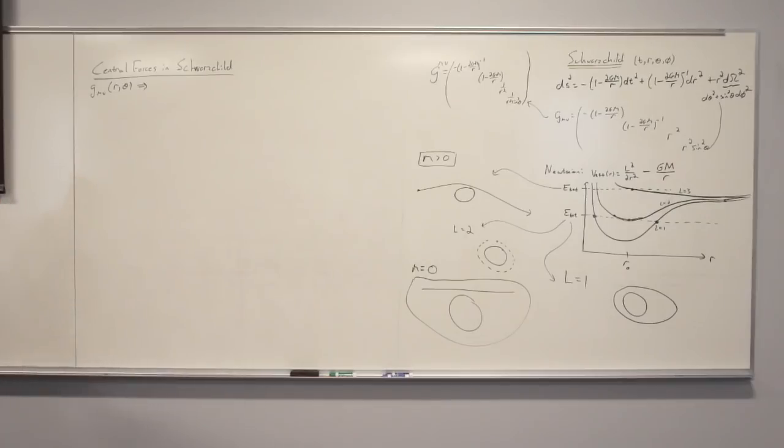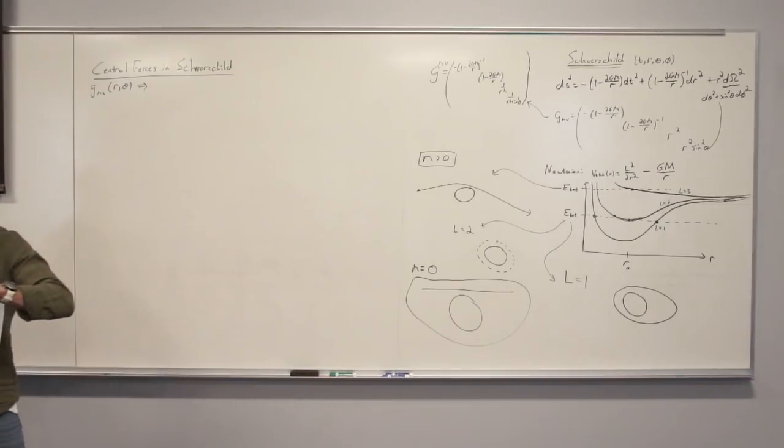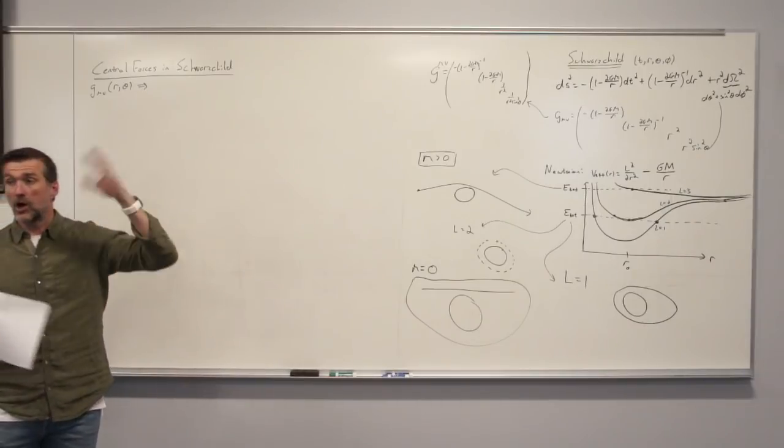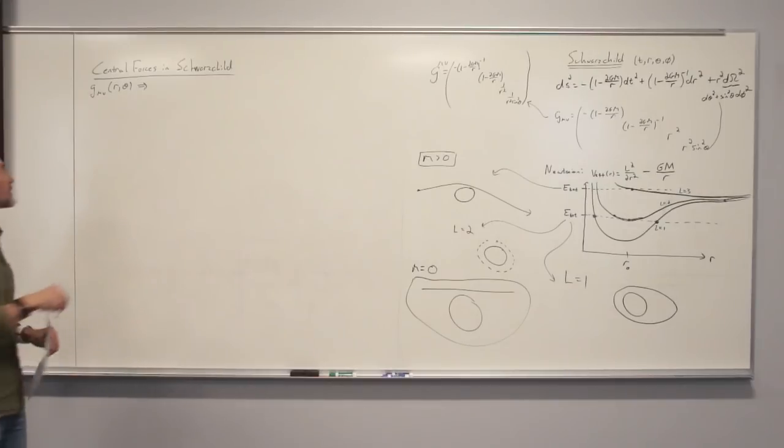What that means is that we can immediately write down two Killing vectors. One Killing vector for the fact that you can change t and the metric doesn't change, the geometry doesn't care. And another Killing vector to reflect the fact that you can change phi and the metric doesn't care. These are the simple isometries of this space that you can get just by looking at the metric and saying, oh, it doesn't depend on t, therefore I can shift t all I want and the metric doesn't change.